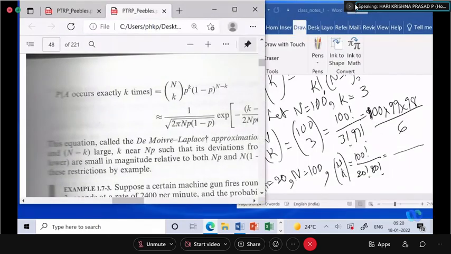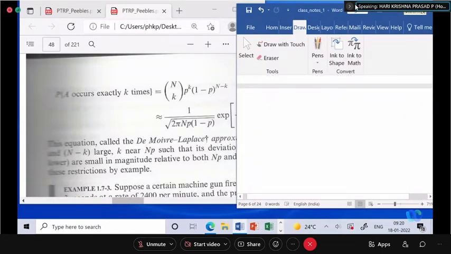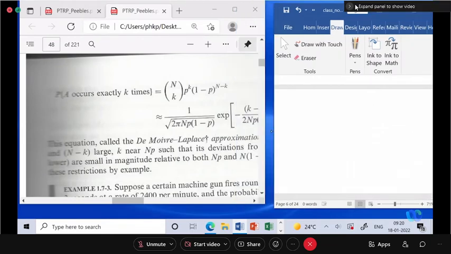So what does this mean? I am trying to explain that statement. So this approximation is to be used only when the condition, what is the condition?